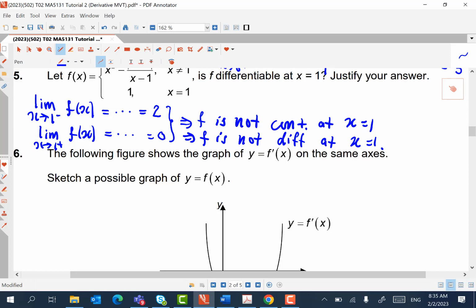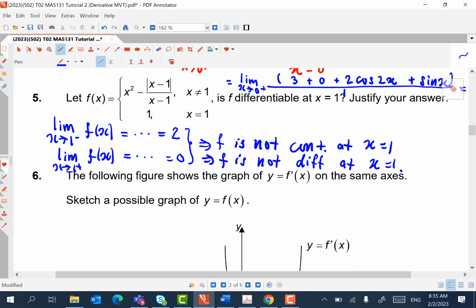Okay. So in question 5, the shortcut is to check for continuity first.